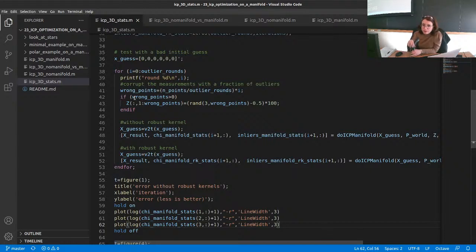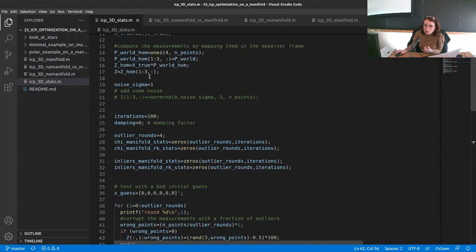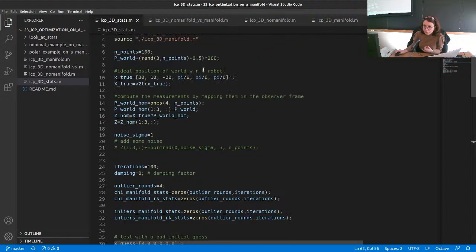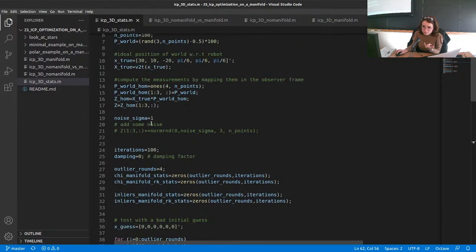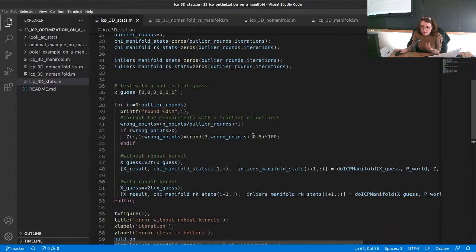Now, as we are generating the set of measurements synthetically, there is no way that we compute wrong associations, because we have an ordered vector and then transform it through the ground truth transformation from the word to the robot frame and get again an ordered vector Z. So again, no way that we make a wrong association.